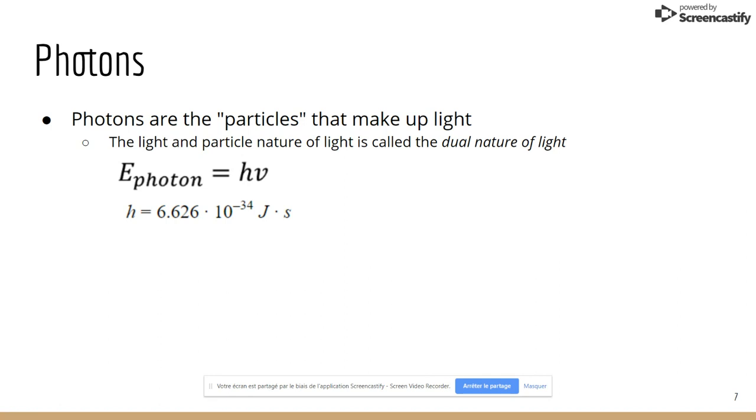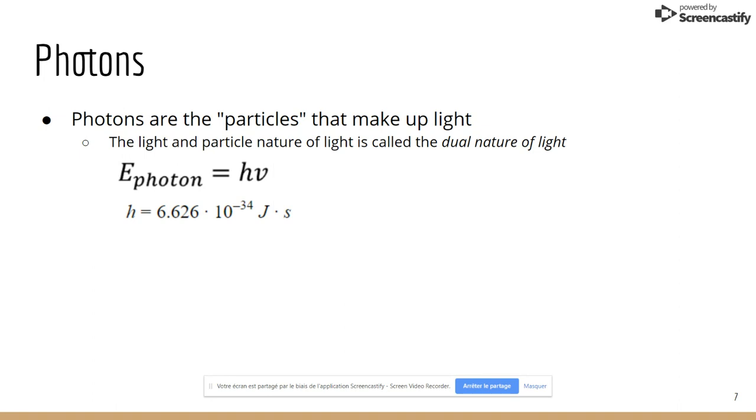And when we do treat it as a particle, we will refer to it as a photon. That's what's called the dual nature of light. You could also think of it as the dual nature of matter, really the dual nature of everything. But if you need to know the energy of a photon, you take h, which is Planck's constant, 6.626 times 10 to the negative 34th joules times seconds, and then multiply it by the frequency to get the energy.